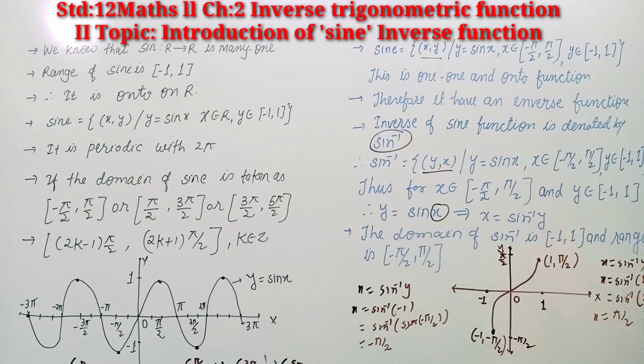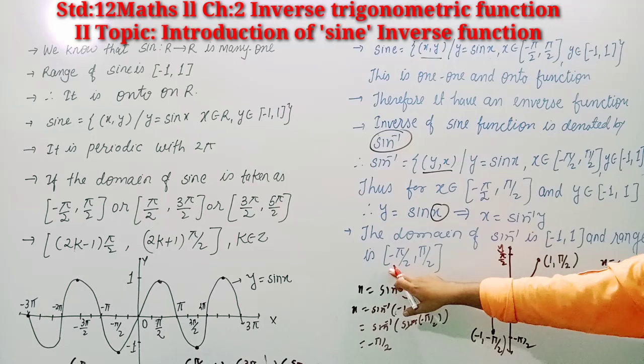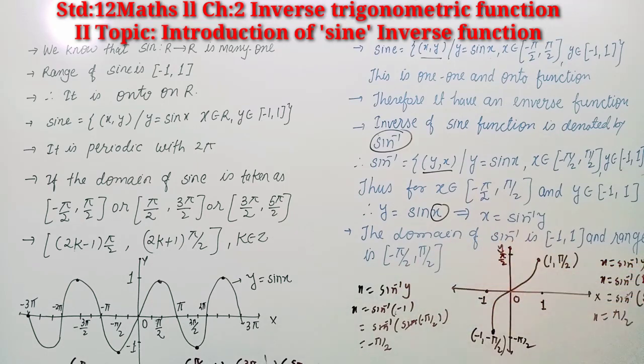Students, here the criteria has been changed because in sine function the domain is minus pi by 2 to pi by 2, but in sine inverse the domain is minus 1 to 1. In sine function the range is minus 1 to 1, but in sine inverse function the range will be minus pi by 2 to pi by 2.